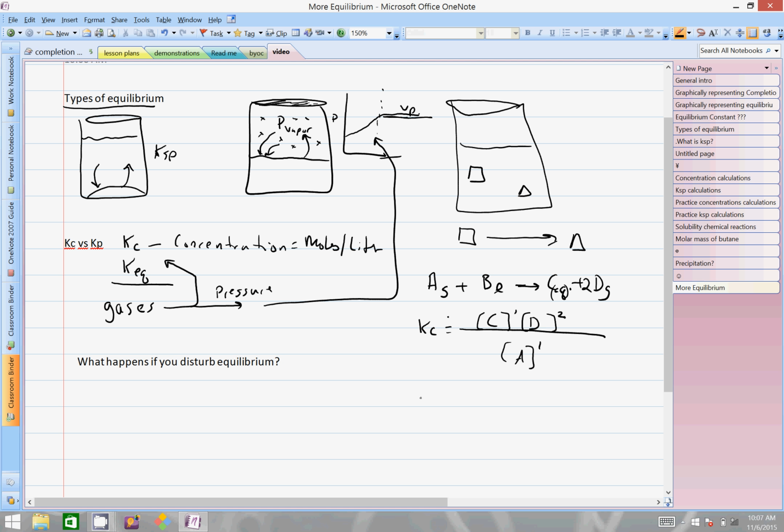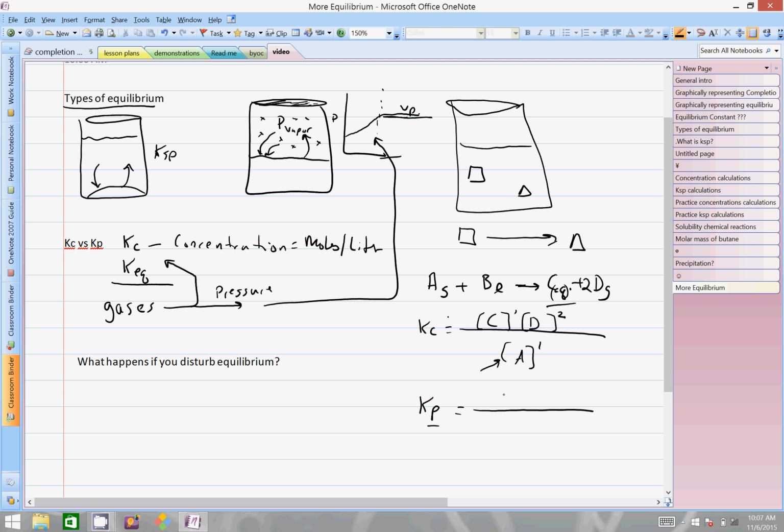If I were to do a Kp for this thing, this means that all my units are in pressures. I can only include things that have pressures, which is just gases. It's going to be equal to D squared, cannot include C. On the bottom side, cannot include liquid, and A has a pressure. Now, because we're dealing with pressures, I'm going to erase this, I cannot use the brackets.